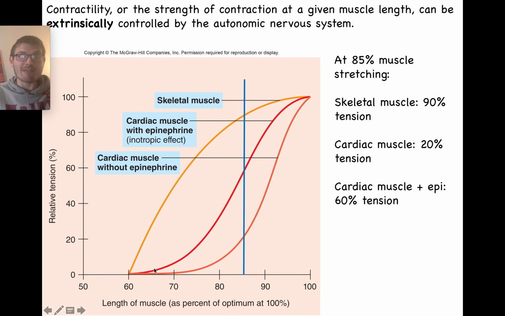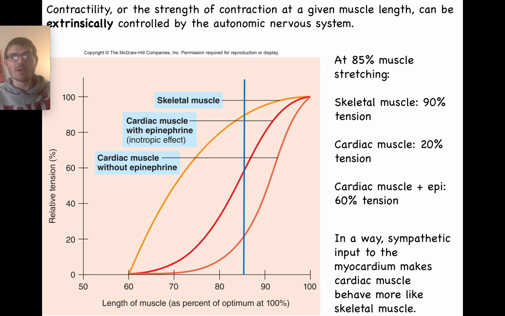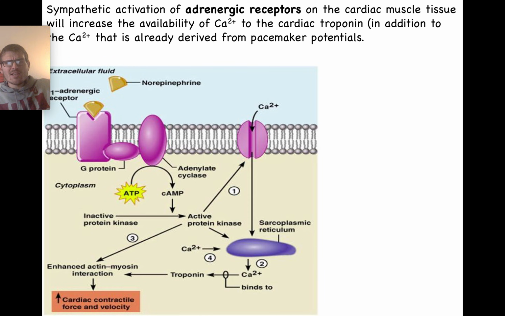However, with epinephrine, with a sympathetic stimulant, we can actually get cardiac muscle to behave much more similarly to skeletal muscle. So it starts working more efficiently, and as we said, we can get it to work harder and to produce a stronger stroke volume and a greater cardiac output. So basically the way this works, cardiac muscle itself has beta adrenergic receptors like we've discussed before.